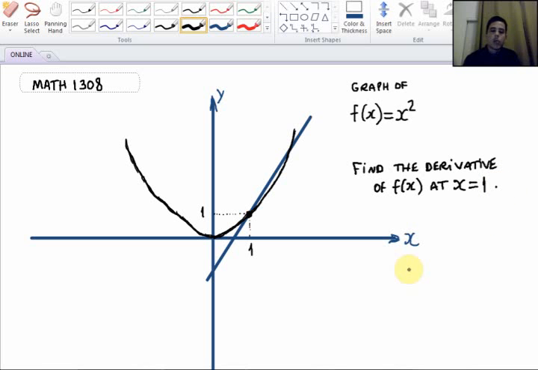Derivative is the name we give to the slope at one point. There is another term that we use also, called instantaneous rate of change, and we're going to see why they use that term.